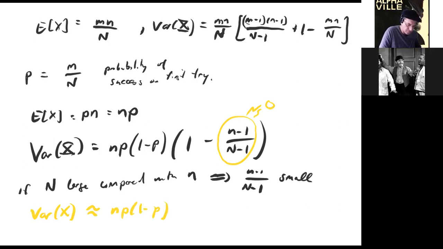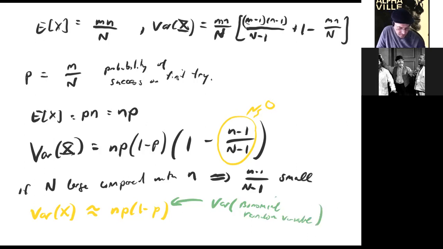We've seen that before. This is the variance of the binomial random variable. And in fact, the expected value here is also the expected value of the binomial random variable.